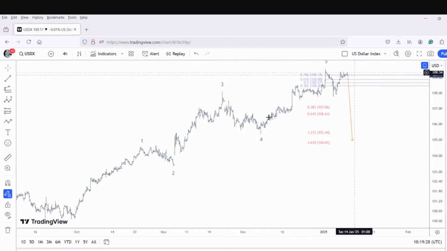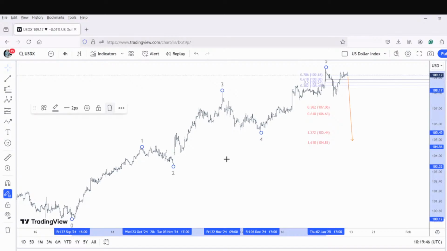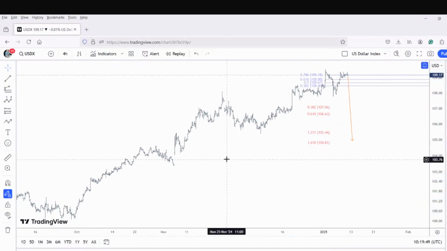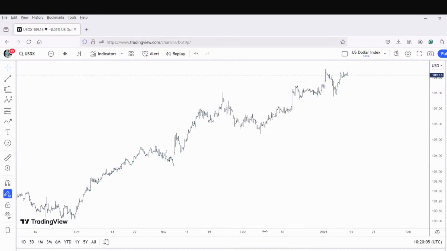Otherwise, if that wave extends, then this would not be valid. This would be some pattern, not the impulse, because wave 3 would then be shorter than wave 5 and wave 1, which is not allowed. So the probability for a new high, just a shallow new high, still remains valid before bears are coming back in control again. So if you want to have that price action confirmation, you might want to stay aside for a while.